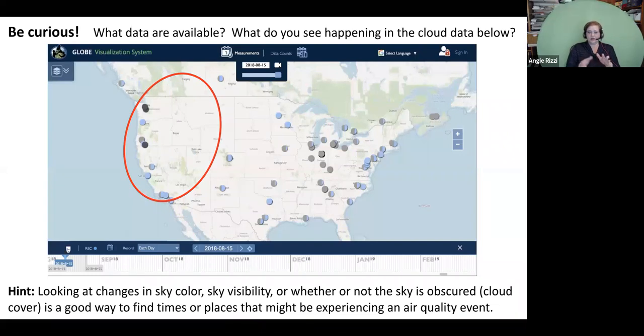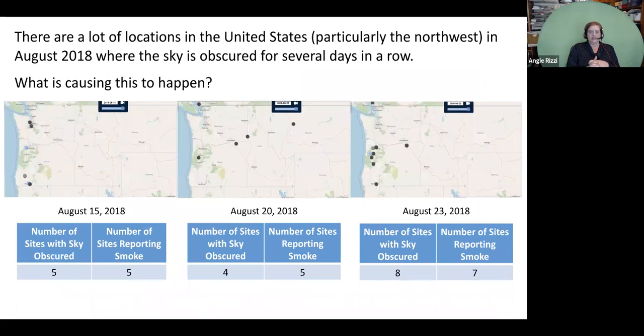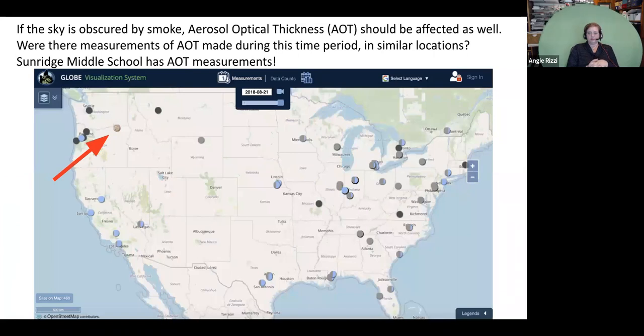I'm just going to quickly go through a few slides where here's an example of some obscured cloud observations in the Viz tool. And if you go to the next slide, you can see that in that same location, they had obscurations for a few days in a row. Next slide. This is kind of how they can build a story out.